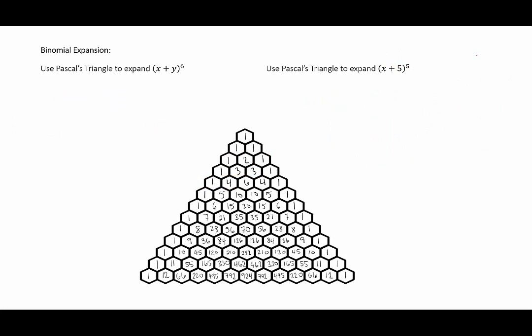All right, just 2 more examples of these binomial expansions. Especially, I want to look at that last one because the last one does have a little trick because there is a number in it. So x plus y to the 6th, we're going to the 6th row, and we start out with x to the 6th. And then I'm just going to set up the variables, and then I'll come back and fill in the coefficients. So it's x to the 6th, then x to the 5th, y to the 1st, x to the 4th, y to the 2nd, right?